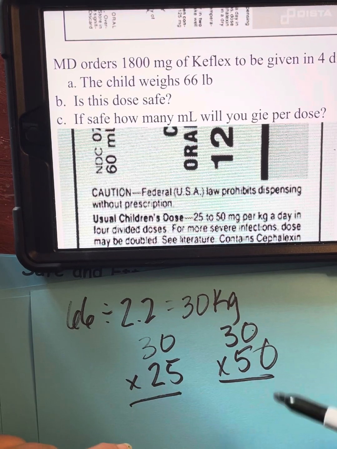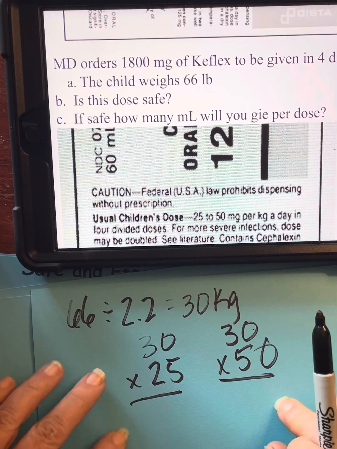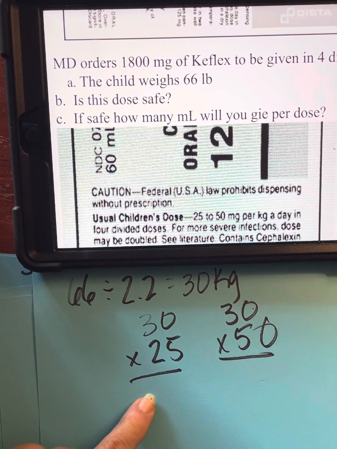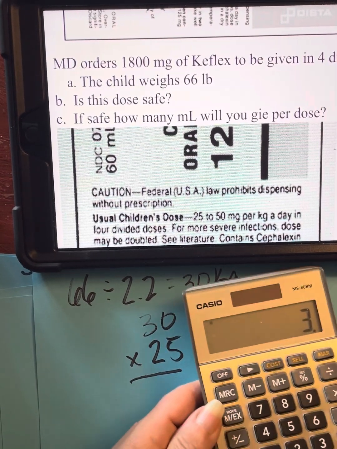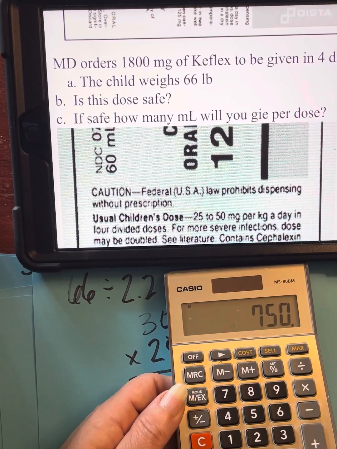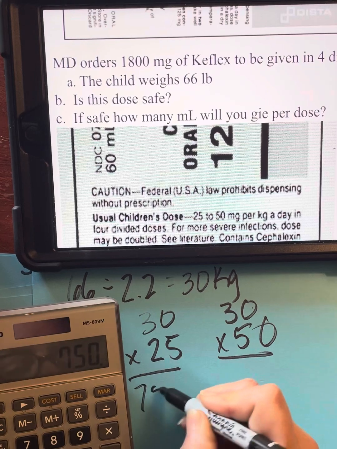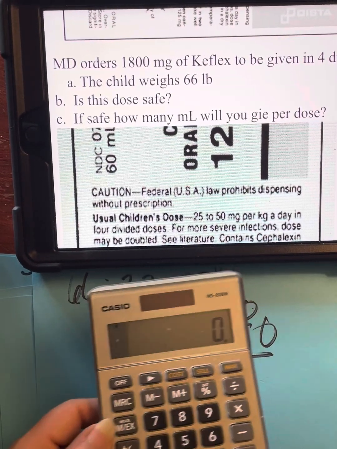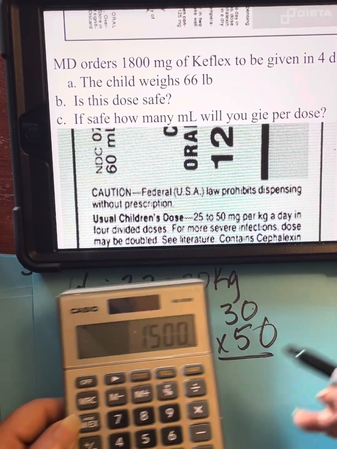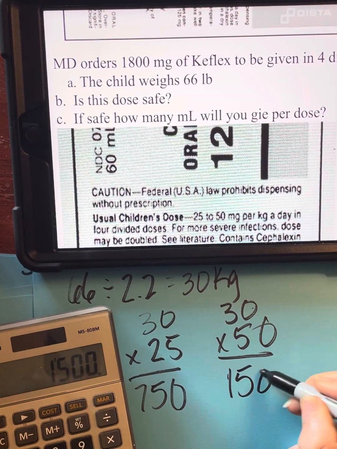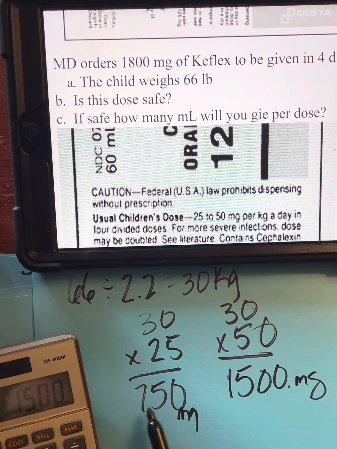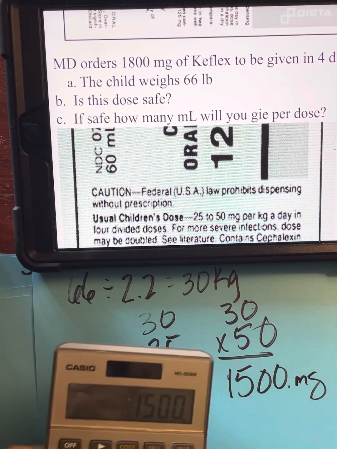The amount we get here is going to be for 24 hours. And what he ordered needs to be between these two numbers. I hope that's clear. So 30 times 25, if you're not in peds, you will be, times 50, 1,500. So the safe dose range per kilogram of weight is between 750 and 1,500.